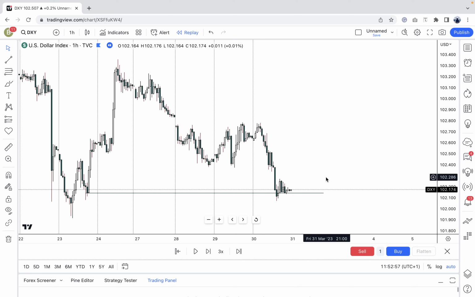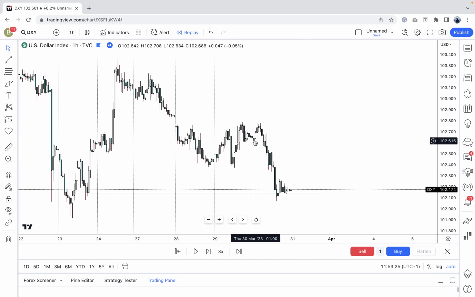A rejection block is a PD array for an objective, and number two, sometimes the market only needs to run the rejection block for a run on liquidity, because the funds would have the bulk of their orders inside the candlestick bodies and not the wicks. Okay, because the bodies actually reflect true delivery on the interbank level versus the candlestick wicks.